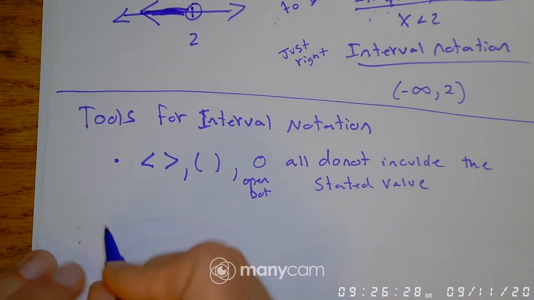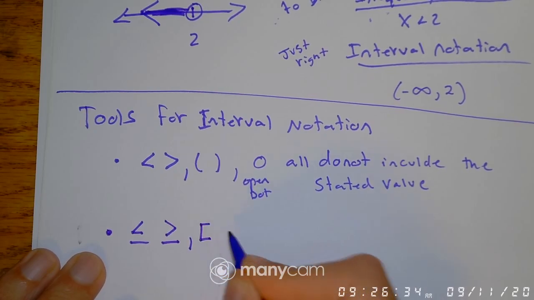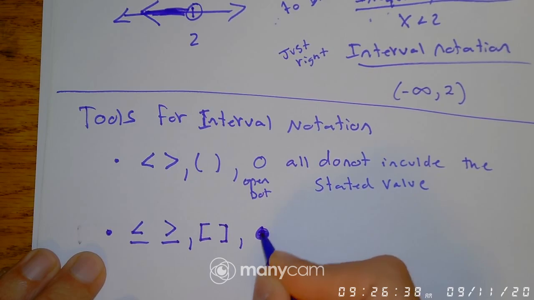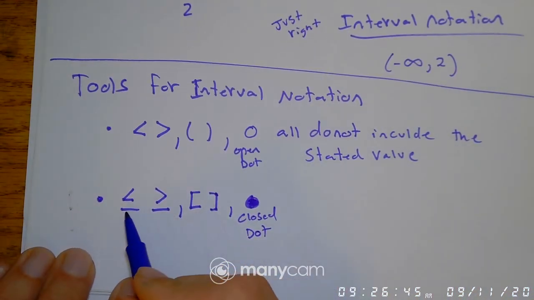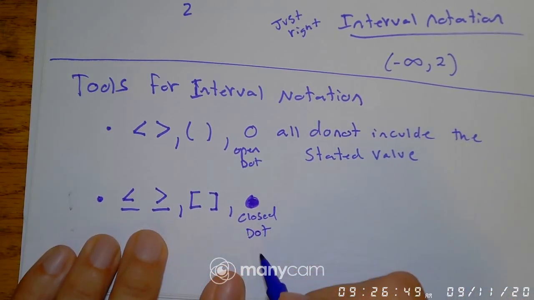All right, so then the other ones would be, sorry, I should be talking while I'm writing. Less than or equal to, greater than or equal to, bracket, bracket, and a closed dot.